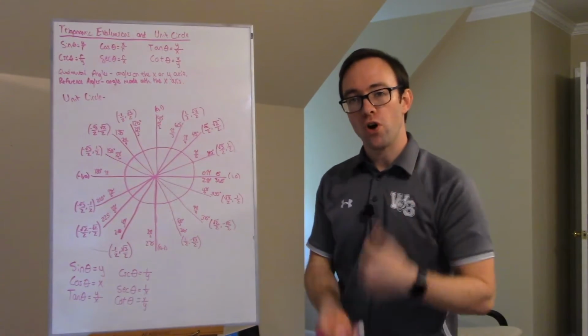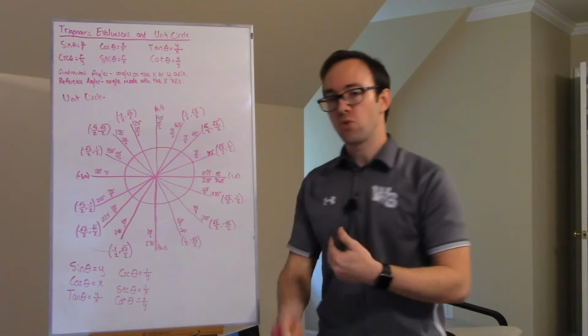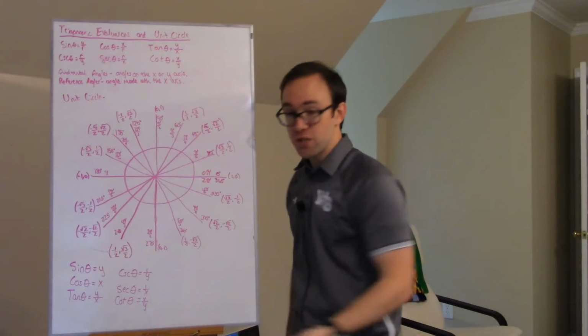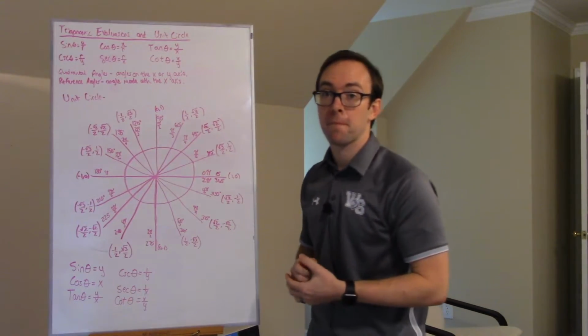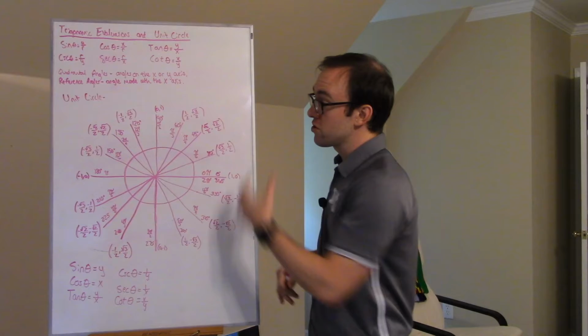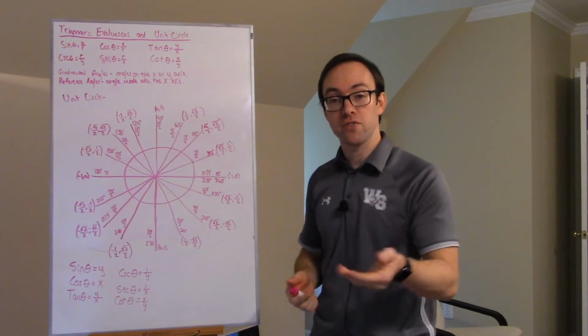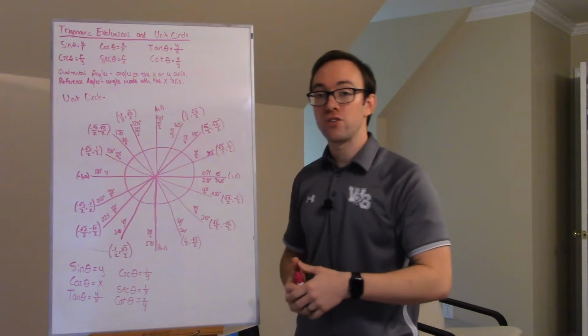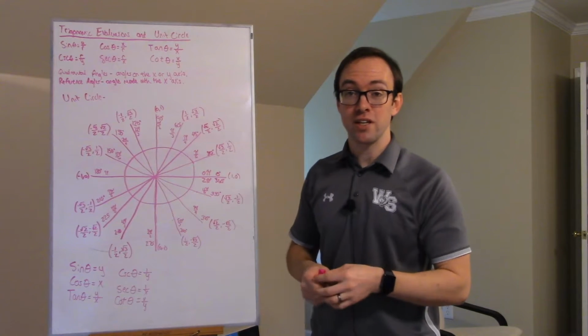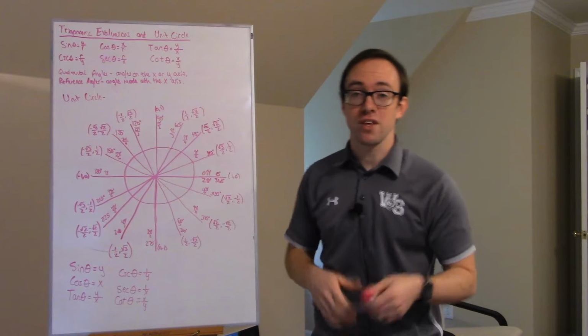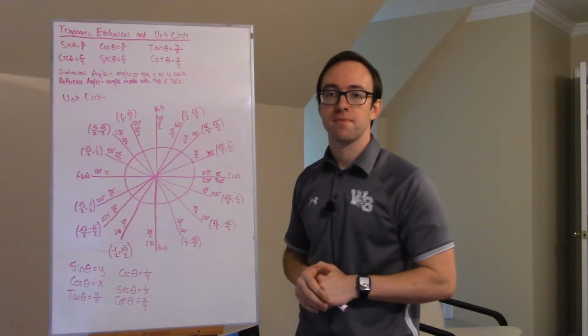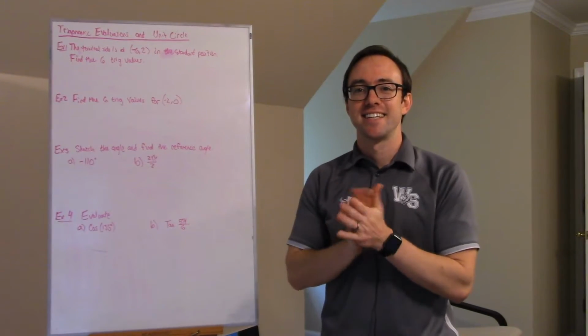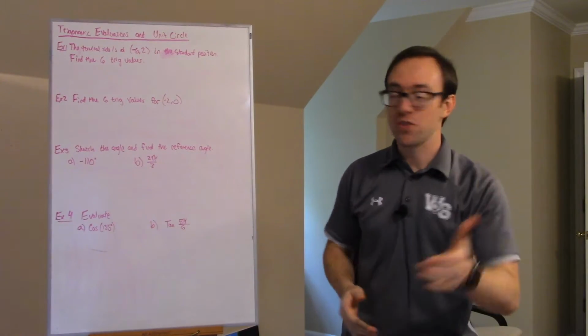Cosecant is 1 over y, secant is 1 over the x value, and then cotangent is x over y. So this is going to help us as a reference for the rest of this lesson, and we are now going to look at a few examples dealing with each piece of notes that you see up here on the board.